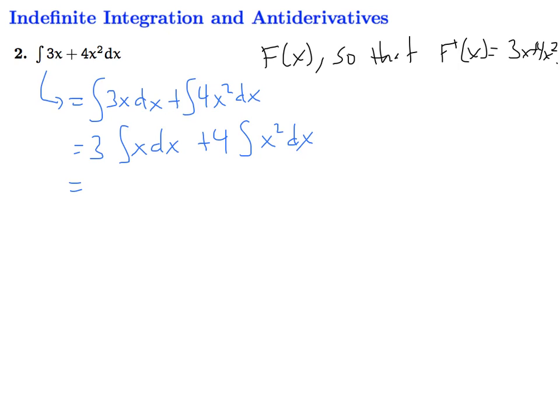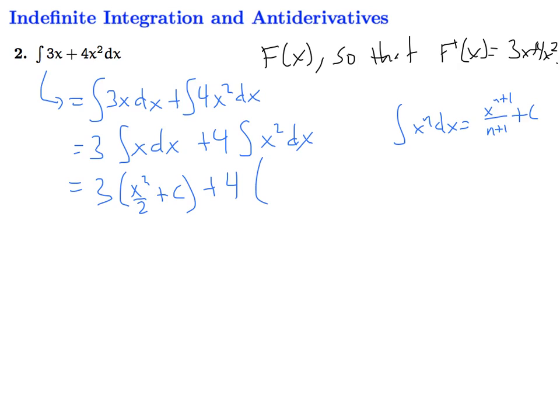Also, just using my good friend the power rule here with n equals 1, I've got myself 3 times x squared over 2 plus a constant plus 4, using my good old friend the power rule, x cubed over 3 plus another constant. So let's call this guy c1.